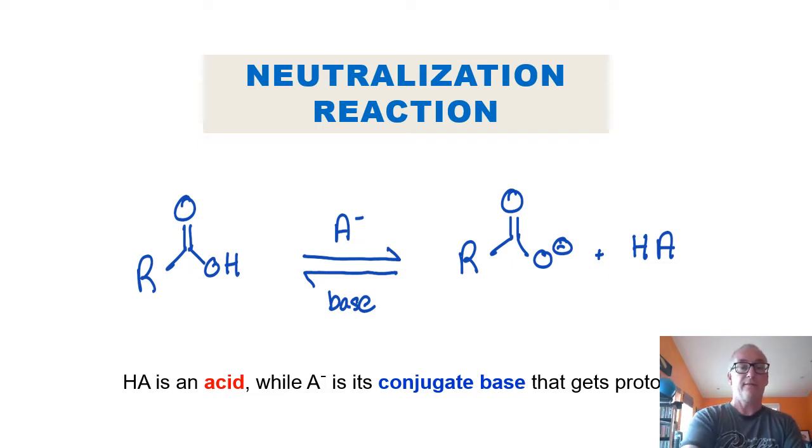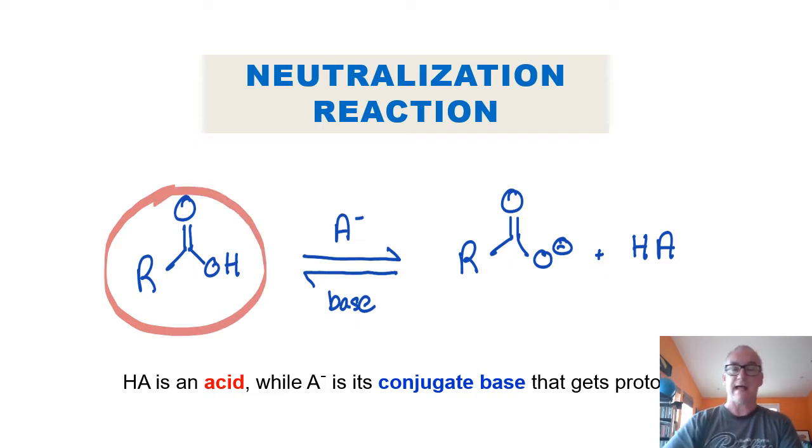So we have our carboxylic acid in the presence of a base. So our base would be like a conjugate base, perhaps of some other acid, a stronger conjugate base, or even a weaker conjugate base. Because like I said, bases can remove that proton from carboxylic acids much better than just plain water.